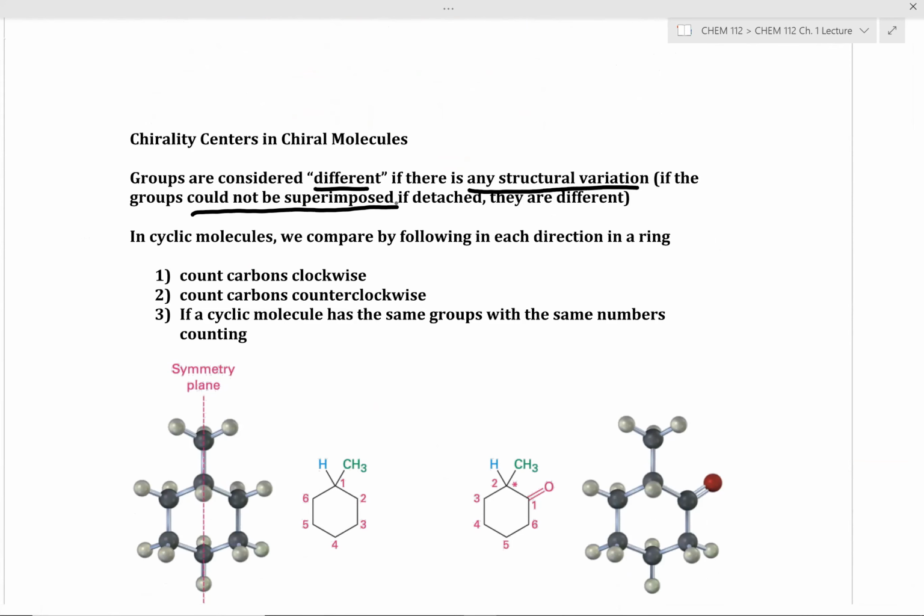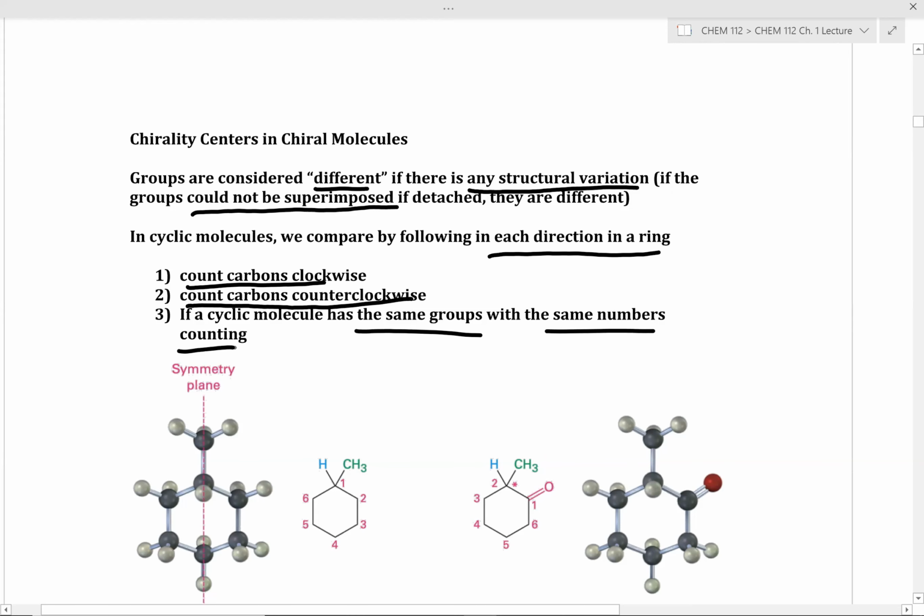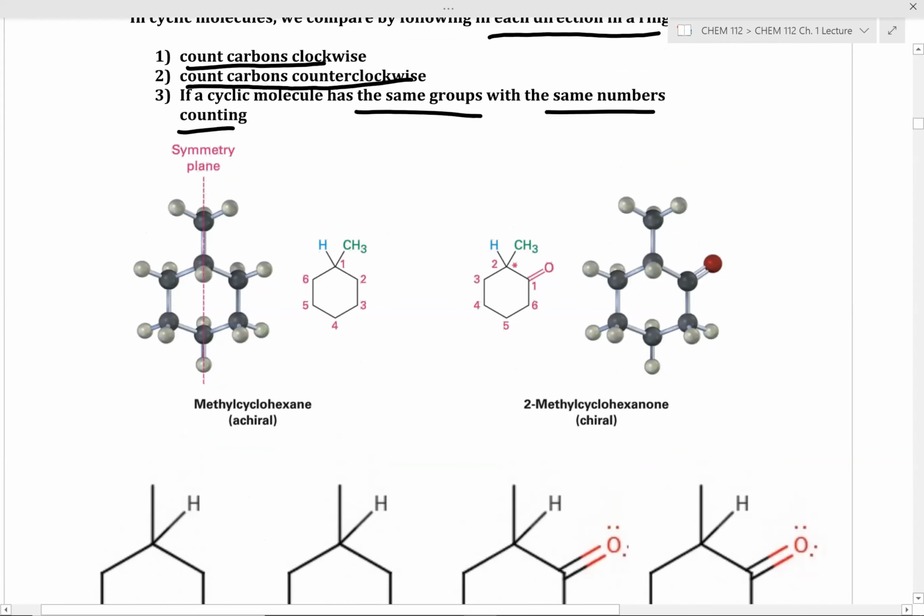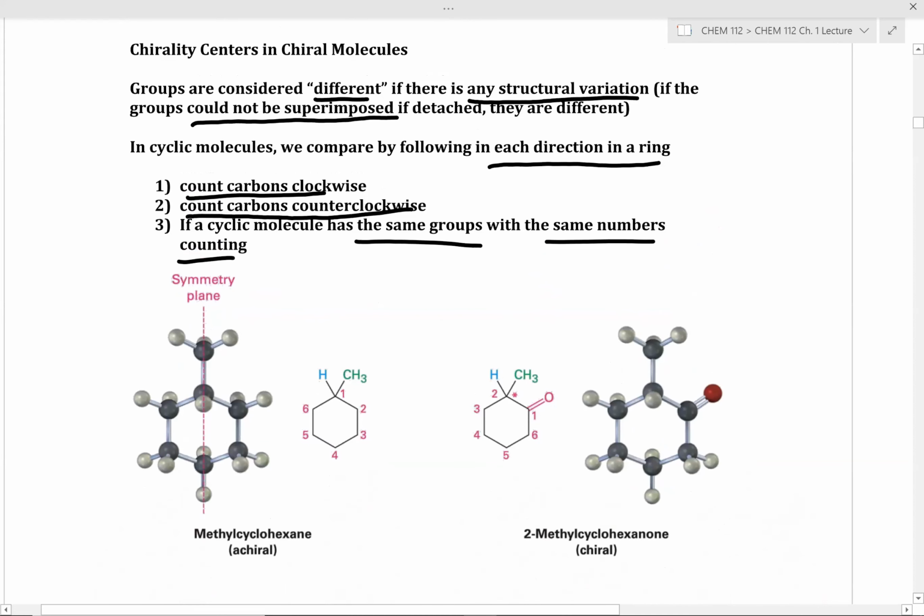For cyclic molecules, we compare looking at each direction in the ring. So you count your carbons clockwise, you count your carbons counterclockwise. And for cyclic molecules, if they have the same groups with the same number, with both your counterclockwise and clockwise counting method, then your molecule is achiral.